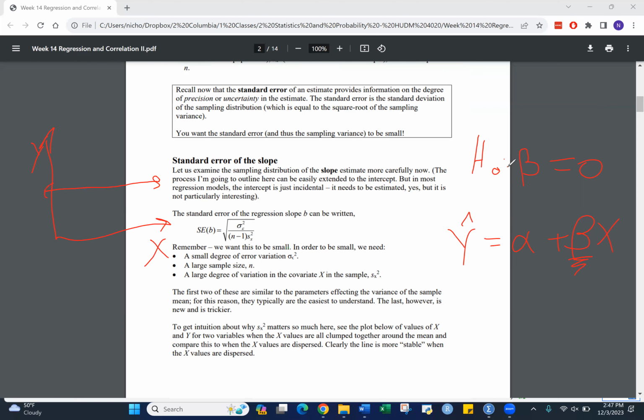And if you really think about it, that's the definition of no relationship between X and Y. As X goes up and up, Y is just not changing. It's hovering at the same level. So a 0 slope means there's no linear relationship. What we're interested in testing is this null hypothesis versus the alternative that beta is not 0, because if beta is not 0, there's a slope or an association between X and Y.